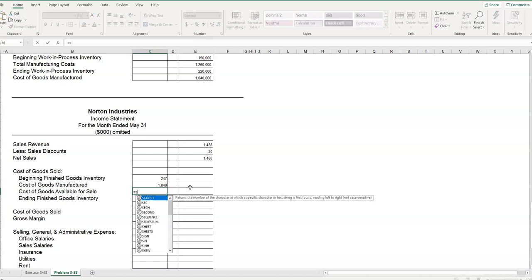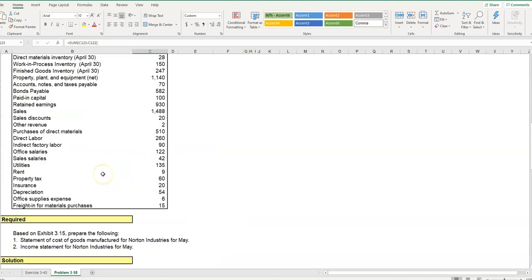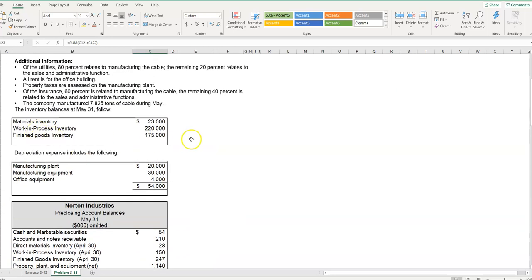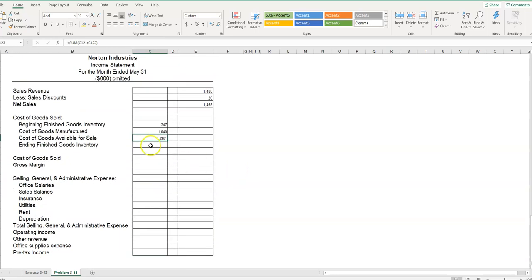That gives us our total amount of goods available for sale. Then we subtract our ending finished goods inventory. Our ending finished goods inventory is $175,000. If we omit those zeros, we have $175,000.